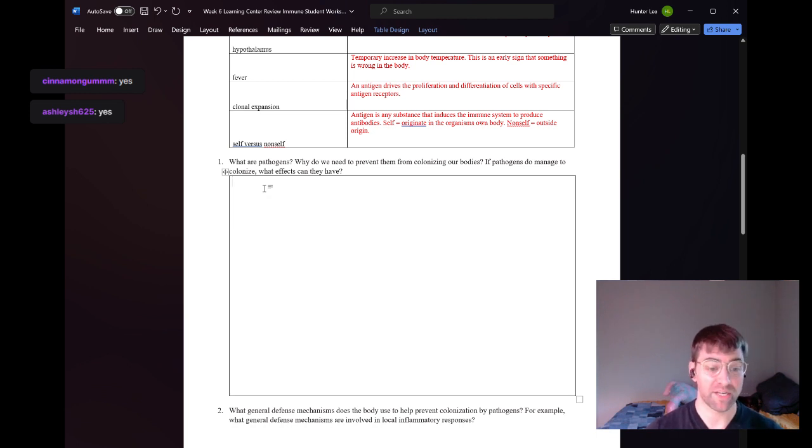Pathogen is a really generic term, right? This is any disease-causing organism. These include bacteria, viruses, fungi, protists.